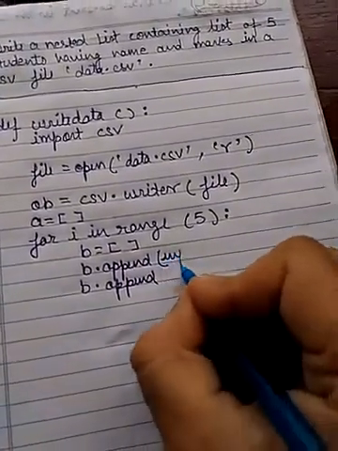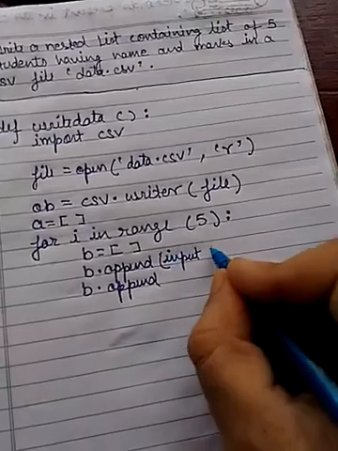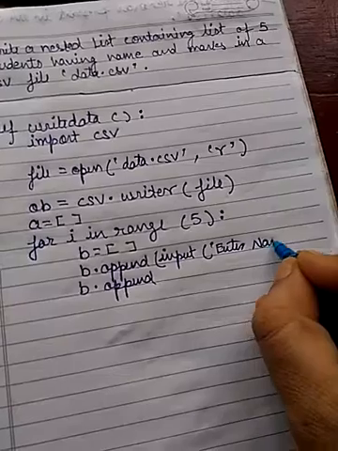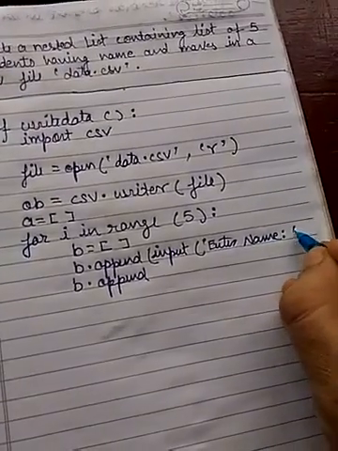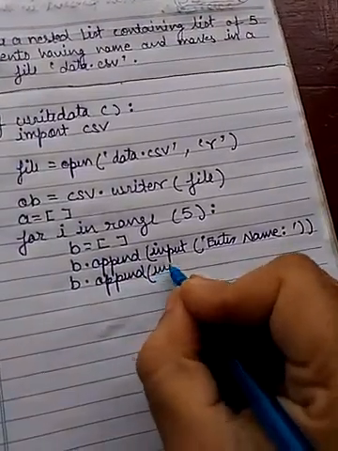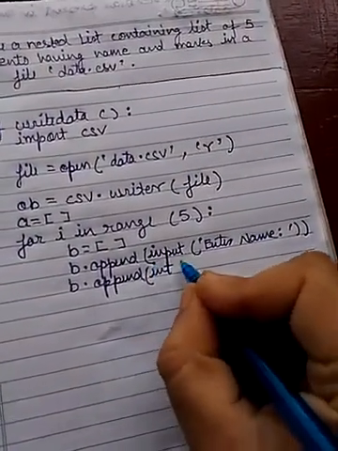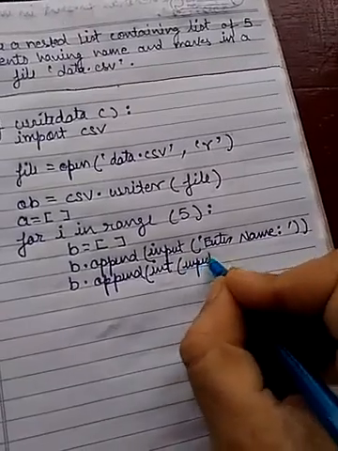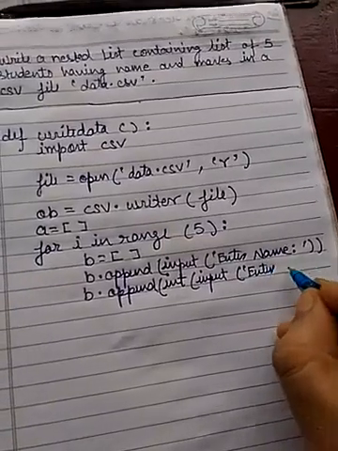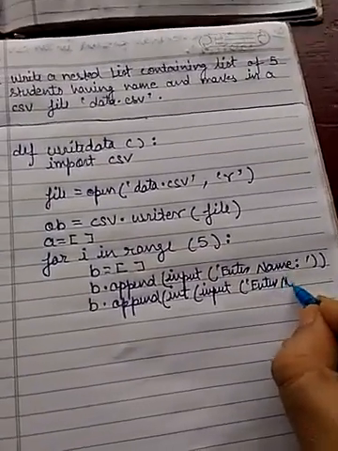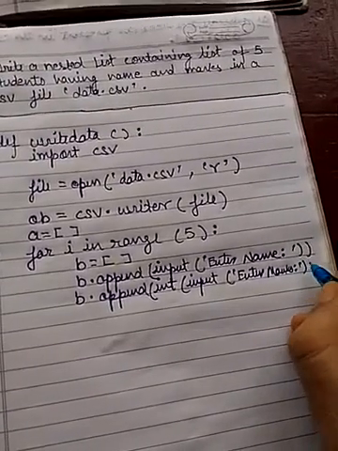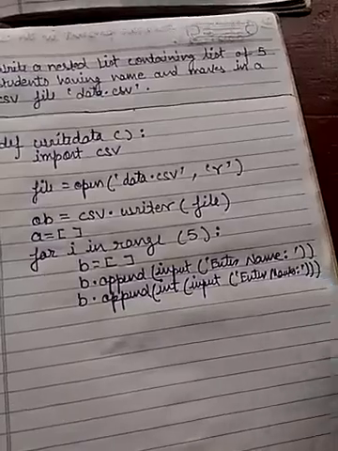So I am writing here input, enter name, input close, append close, int, input, enter marks, input close, int close, append close.